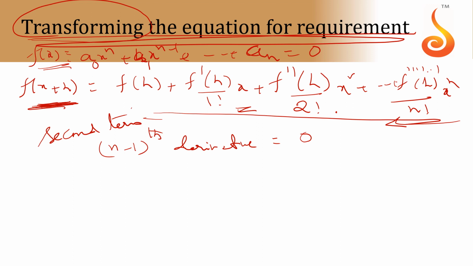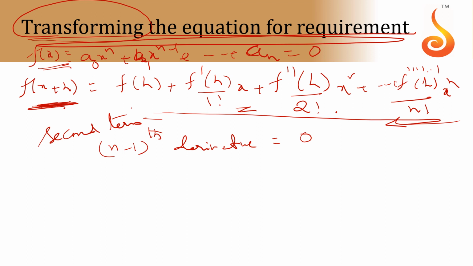Now you observe carefully, what is the n minus 1th derivative of f of x? For example, you see x power 5: first derivative 5x power 4, second derivative 5 into 4 into x cube, like that fifth derivative will be 5 factorial. The fourth derivative will be 5 into 4 into 3 into 2 into x. So can I say the only difference is 1.